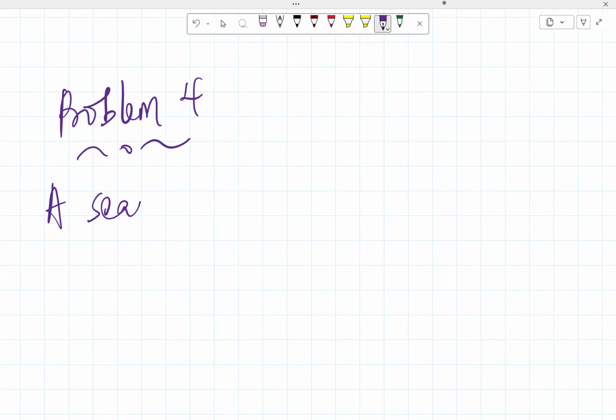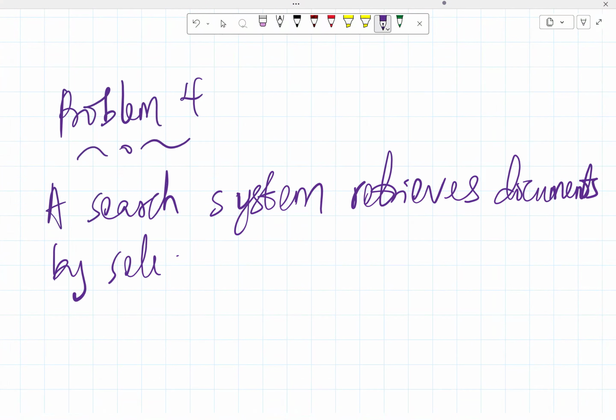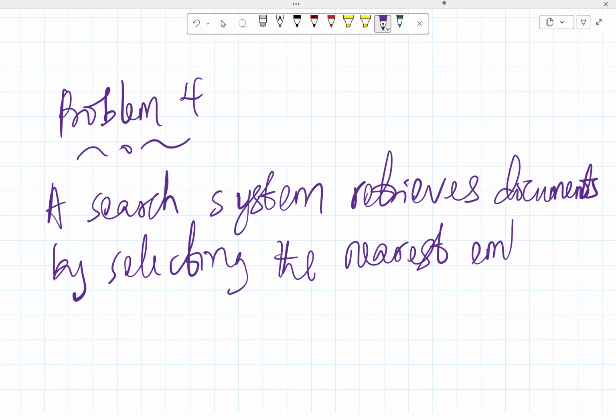So let's start with problem 4. A search system retrieves documents by selecting the nearest embedding vectors.